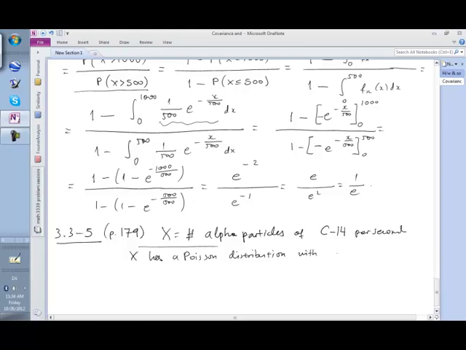What is the mean of the Poisson distribution? This is exactly the lambda of the Poisson distribution, which is the rate here.